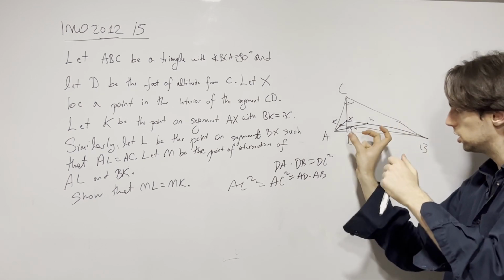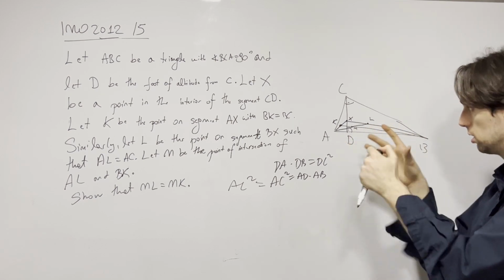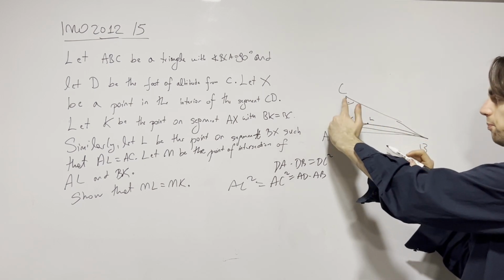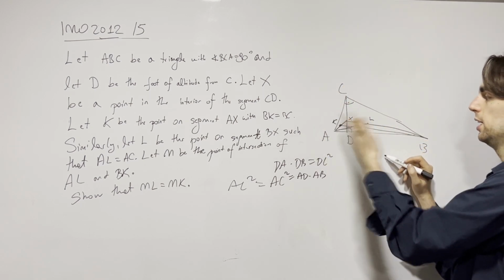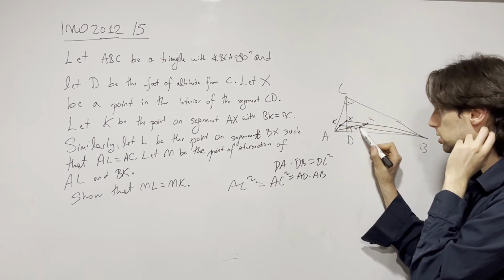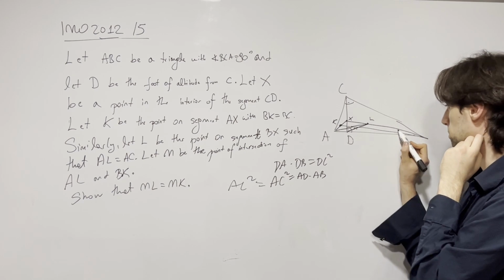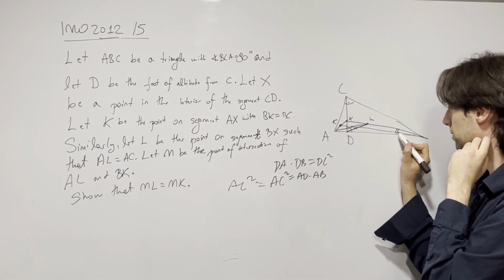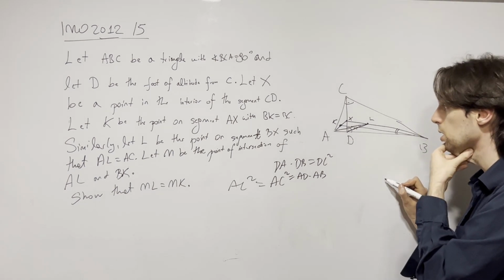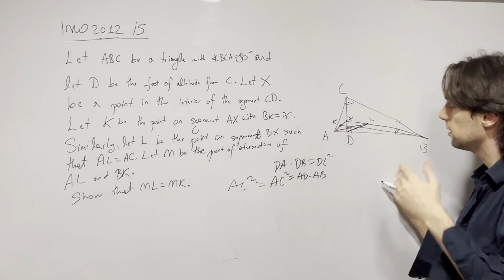You have this squared equal to something, because AC is tangent to the circumcircle around this, so AL is also a tangent to this circumcircle. And in other words, we have this angle here equal to this angle here. Could be useful, maybe not.